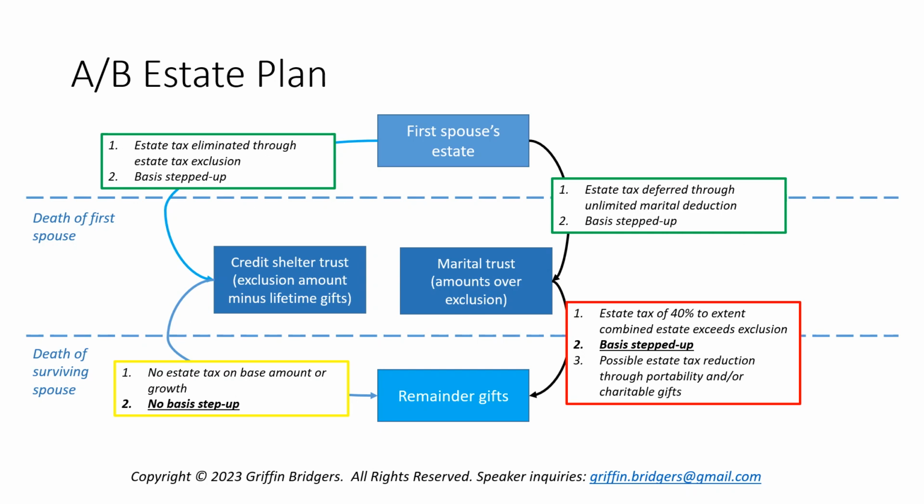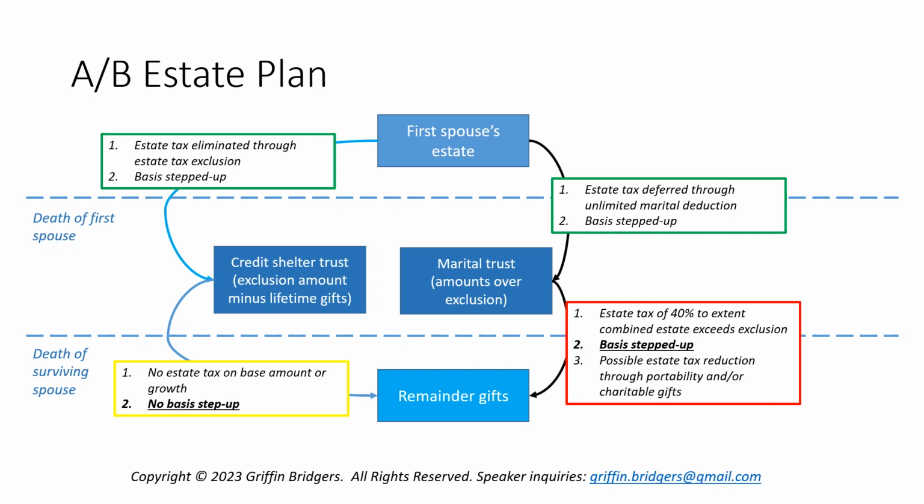In this case, we have the sweetheart plan, but essentially what we're doing is, at the death of the first spouse, carving off into two irrevocable trusts, one being a credit shelter trust, which holds the remaining exclusion amount, which is essentially the applicable exclusion amount minus lifetime gifts, because as we'll later look at, you could potentially preserve a DSUE through the credit shelter trust if the first spouse to die had been widowed before.